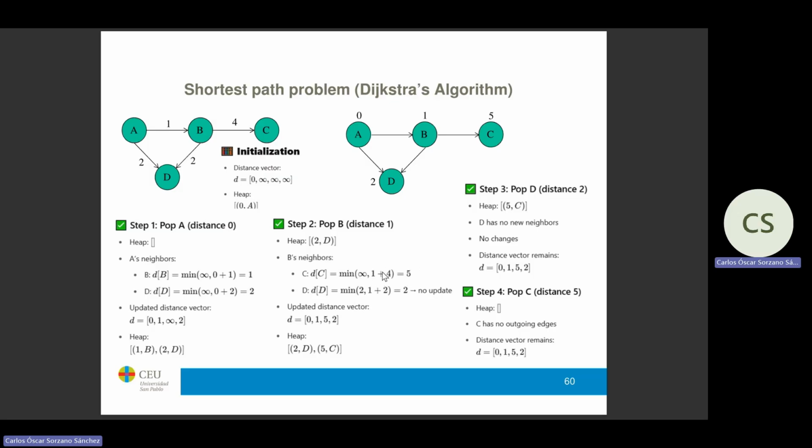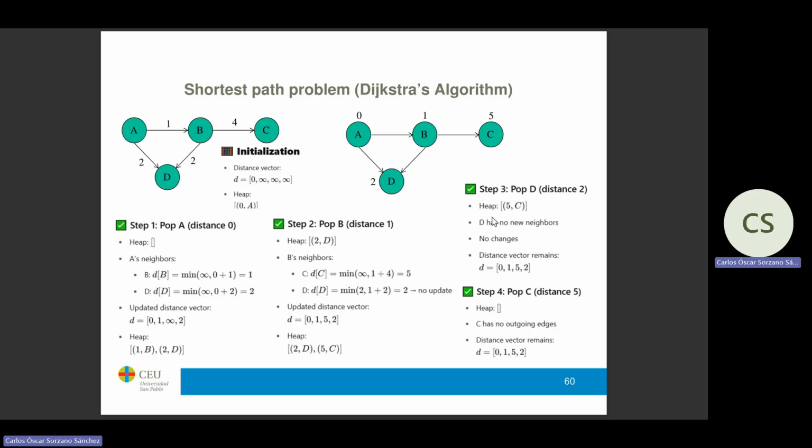So you update C, and going from A to D through B takes 3 units, while going diagonally takes 2. So you don't update the distance to D. And then this is your updated distance vector. Then you add this C that was updated to the heap, and then you pop again.